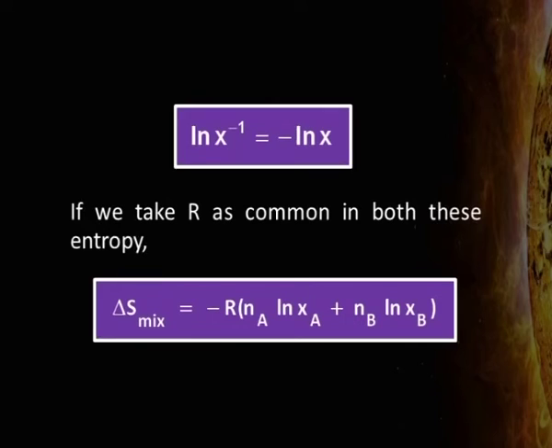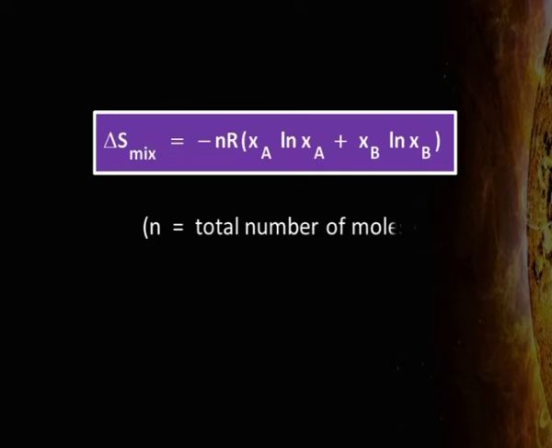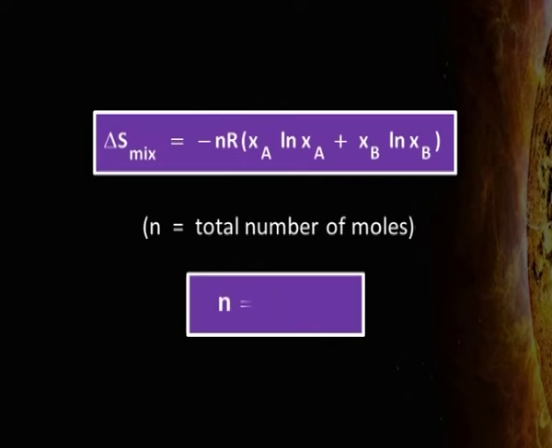This equation can also be written in the form of mole fraction, taking total number of moles outside the bracket. We will get delta S mixing equal to minus nR multiplied by (Xa natural log Xa plus Xb natural log Xb). Here n is the total number of moles, that is Na plus Nb.